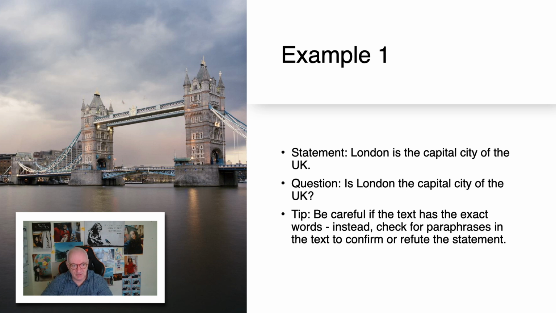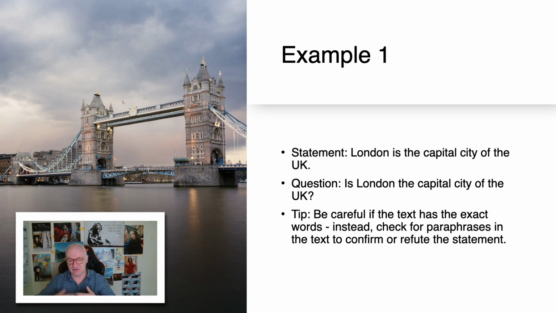Okay, so let's take a look at this example. The statement that we're given is that London is the capital city of the UK. So we turn it into a question, is London the capital city of the UK? When we're reading the text, we're looking for the information that confirms that London is, or that it denies that London is.